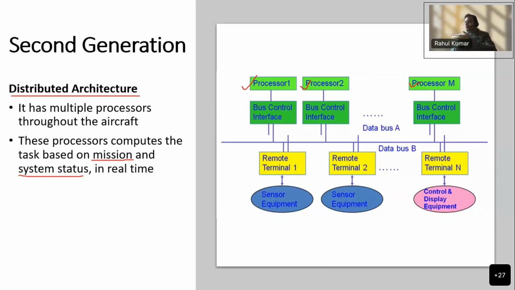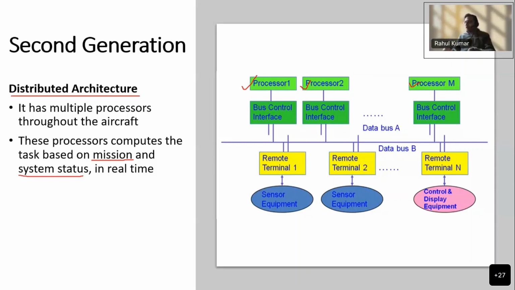Okay, so this architecture reduces the use of the data bus. Previously you had to send the raw data itself to the computer, so you would need more wires or data buses. Data buses are basically wires.